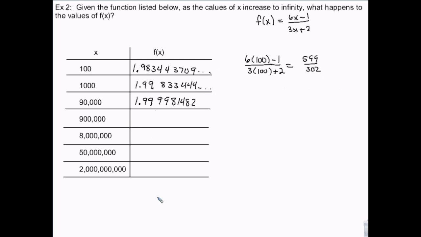If I plug in these numbers and do this math, I just want to show you what happens. Then I plug in 8 million.